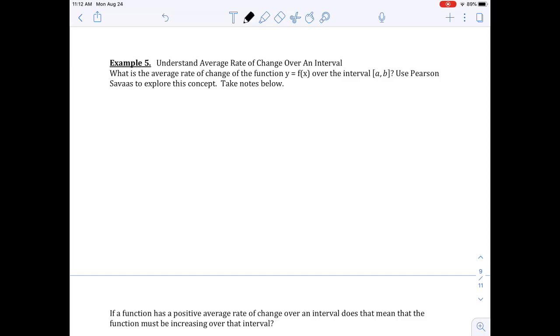So you can go into our Pearson Savvas, which is our online book, or you can just continue along with me here. So your average rate of change is a ratio, and it is the ratio f of b minus f of a over b minus a.